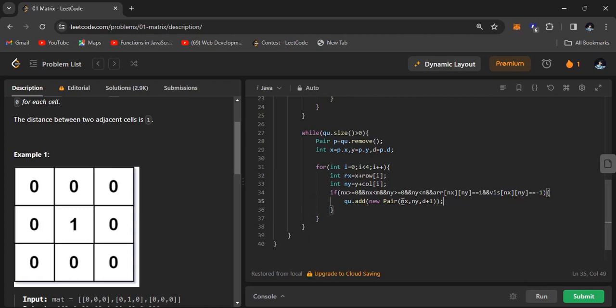Here d is the distance. If the parent is at d distance, the child will be at d plus 1 distance. That is, if for the parent the nearest zero cell is at d distance, then for the child the nearest zero cell will be at d plus 1 distance.